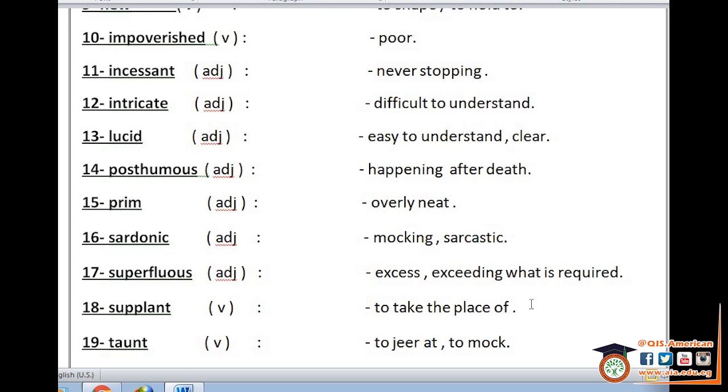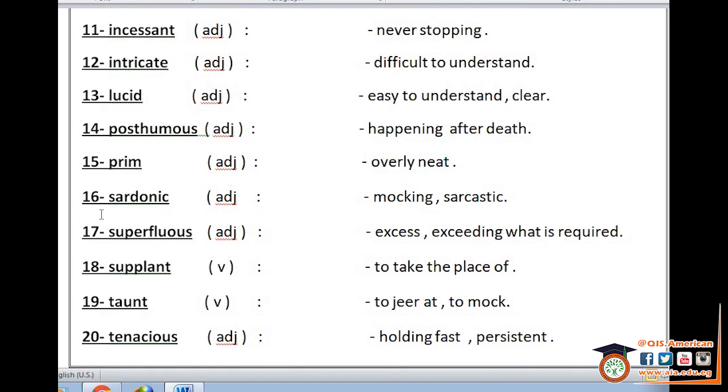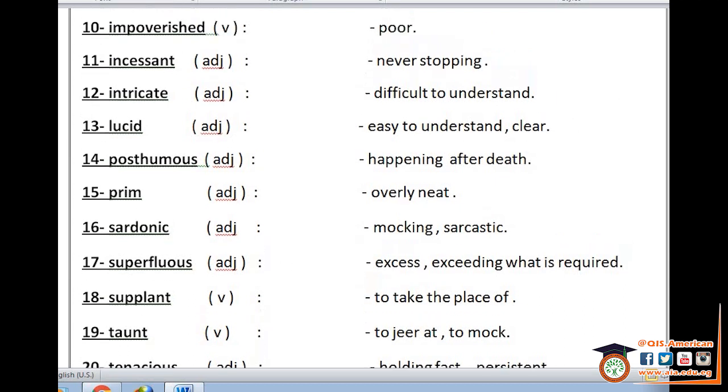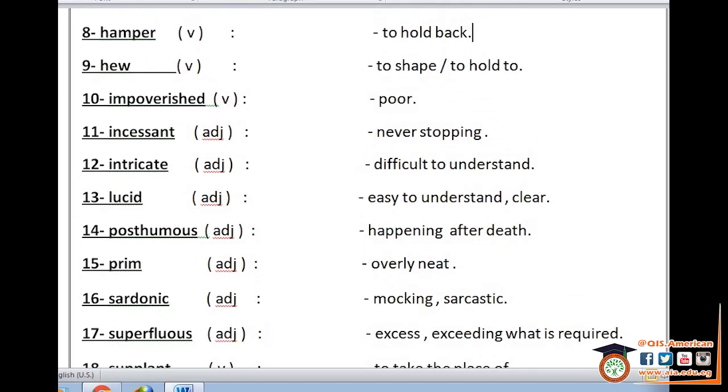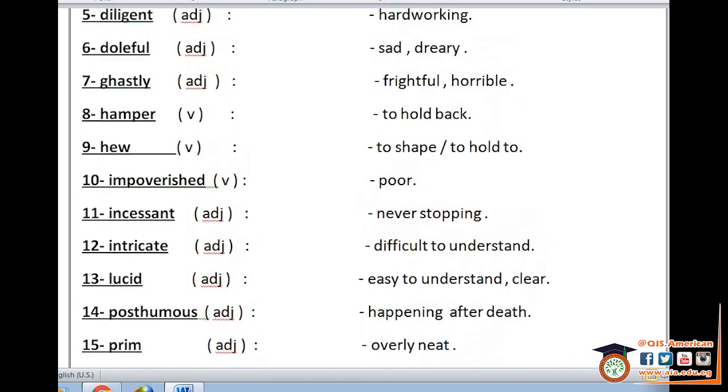In the end, you come to the last part, from 16 to 20, another 5 words. After you finish them, you revise the whole work, the 20 words together. If you have better than this in memorizing vocabulary, you can divide them into 2 parts only: 10 words and another 10.